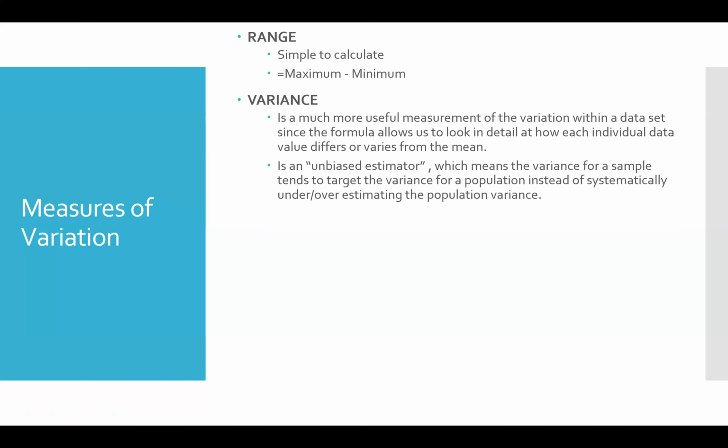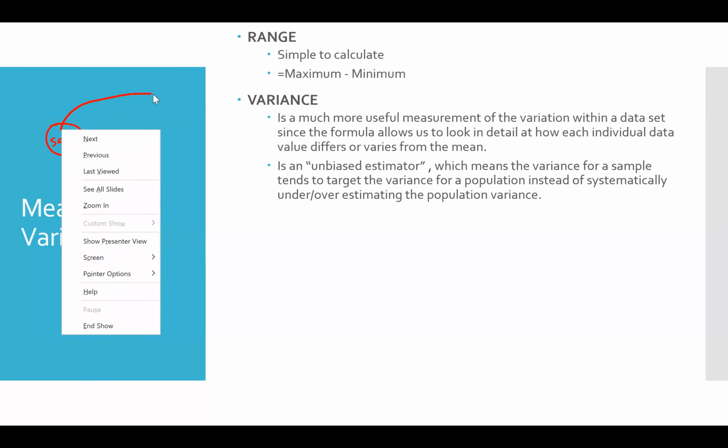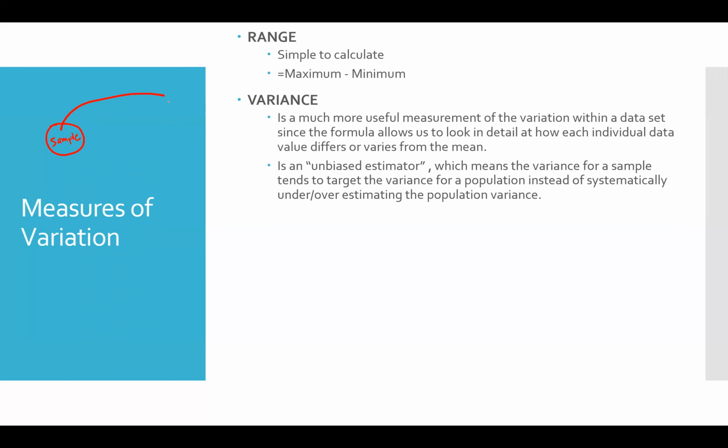It's what we call in statistics an unbiased estimator, meaning that, remember in statistics, we take what we learn about our sample or our small group and we apply it back to our big group.